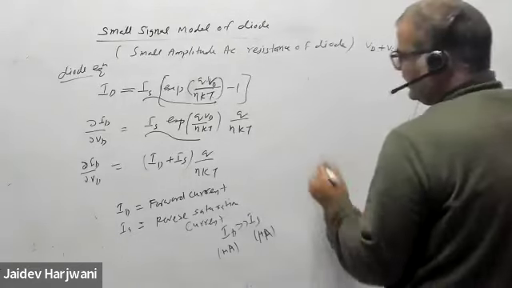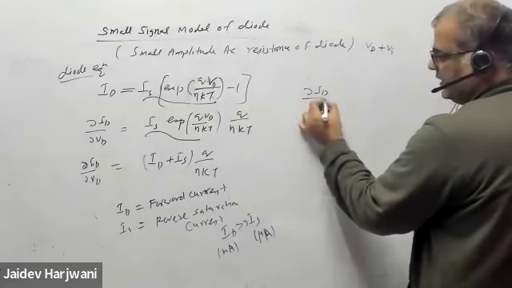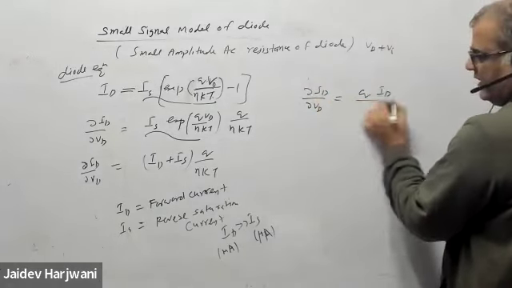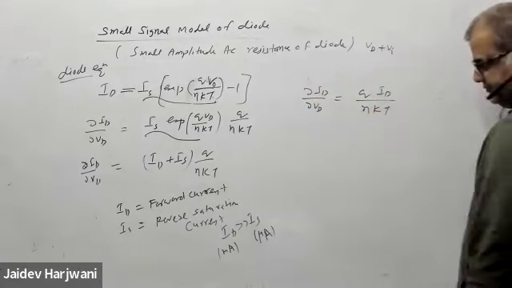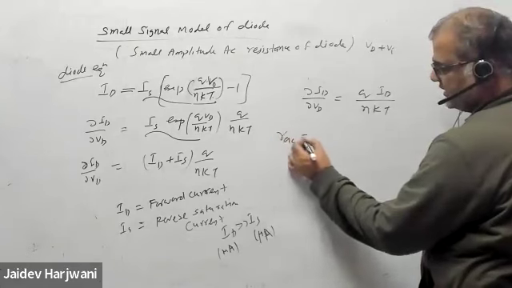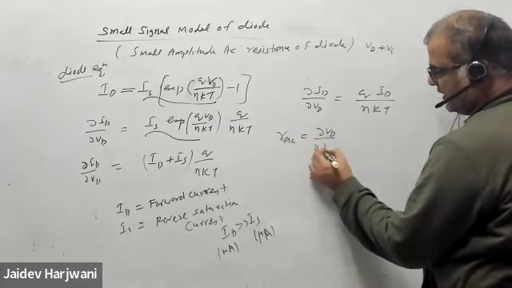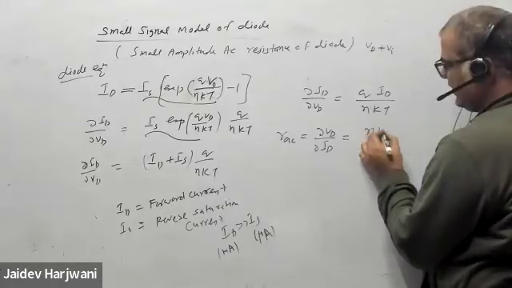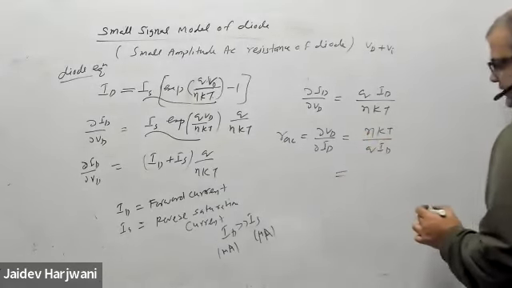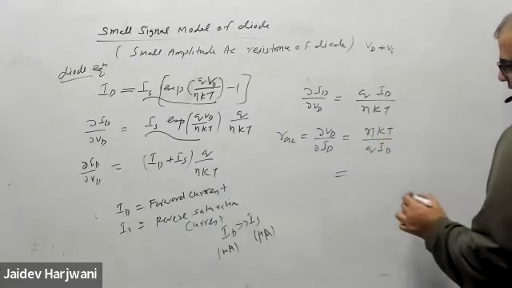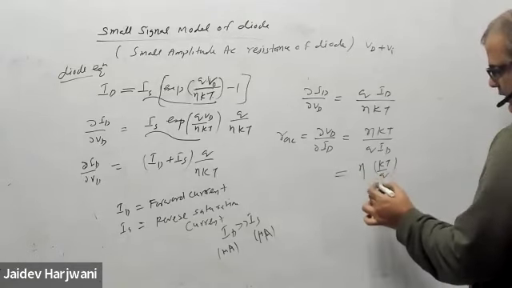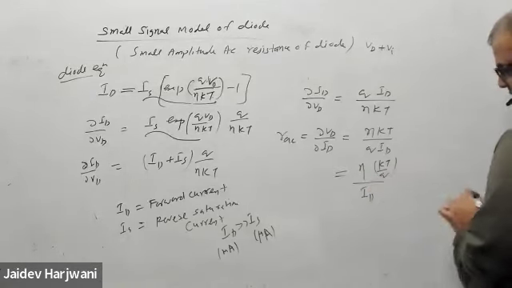Now I can write delta ID upon delta VT equals Q upon eta KT times ID. And the AC resistance, delta VD upon delta ID, I can write as eta KT upon Q ID.